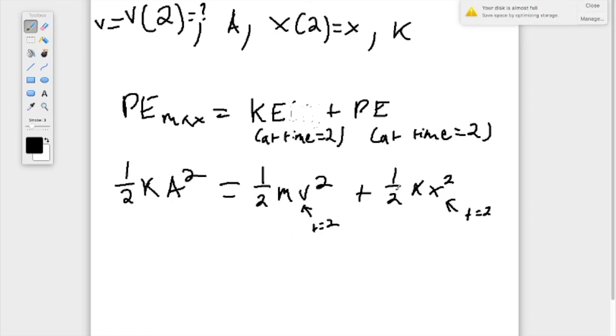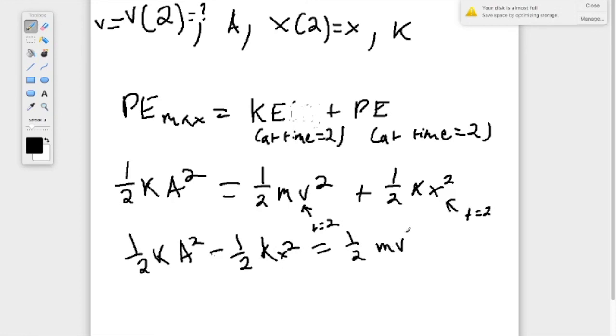So I'm going to subtract the potential energy at time equals 2. So we get 1/2 k A squared minus 1/2 k x squared equals 1/2 m v squared.